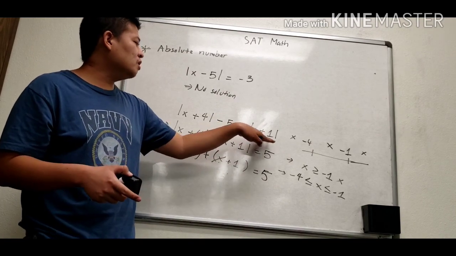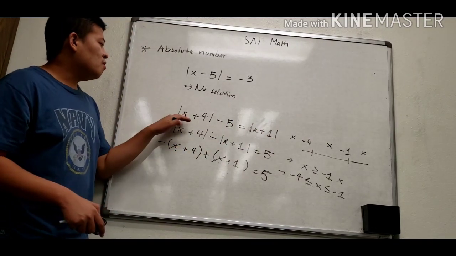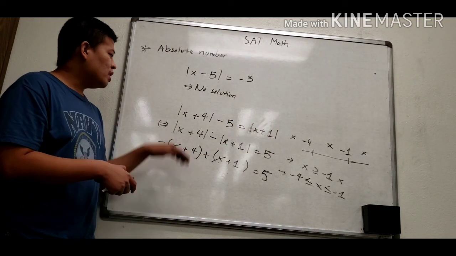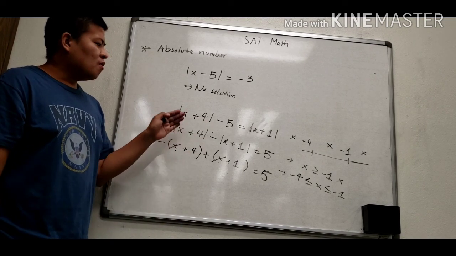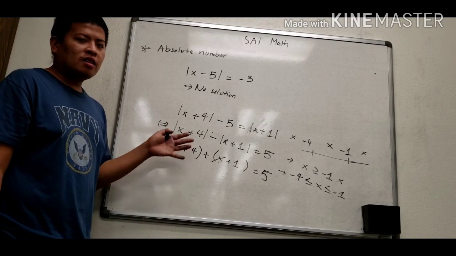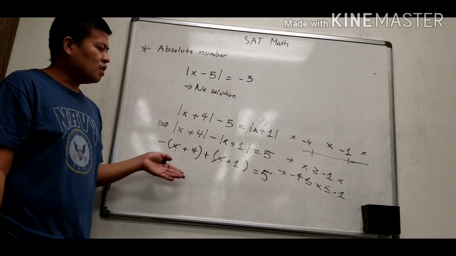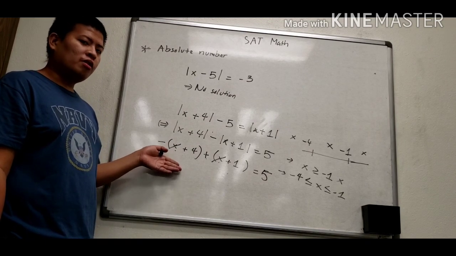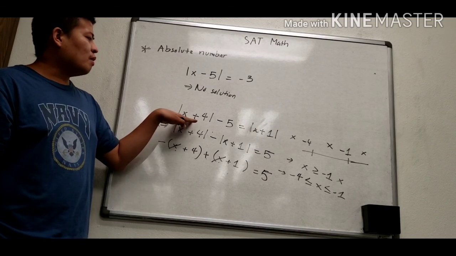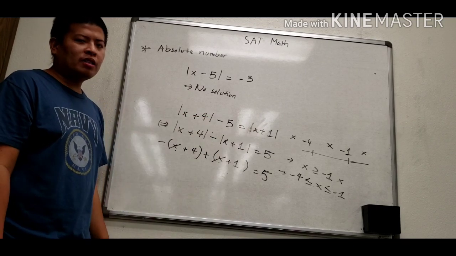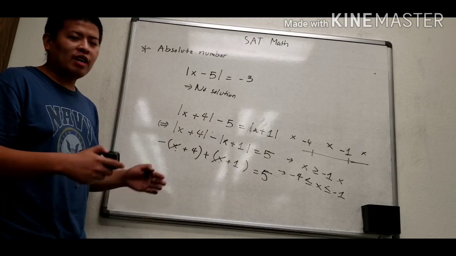If it is still positive, we keep the same, s plus 4, and then we just find the different situations and get the result. This confuses so many students. If you learn how to handle two absolute numbers in one equation, you can find the problem very simple.